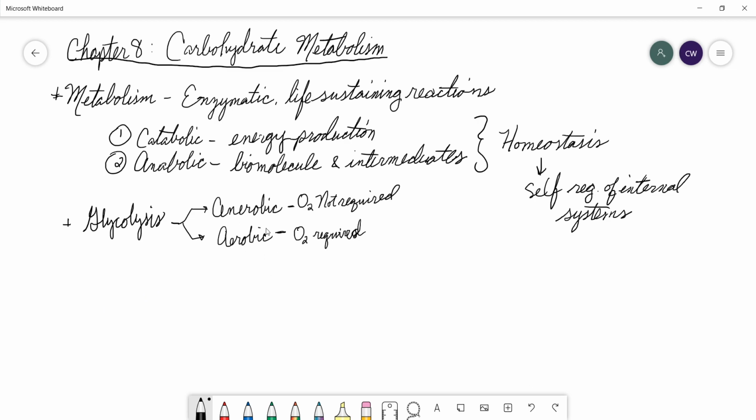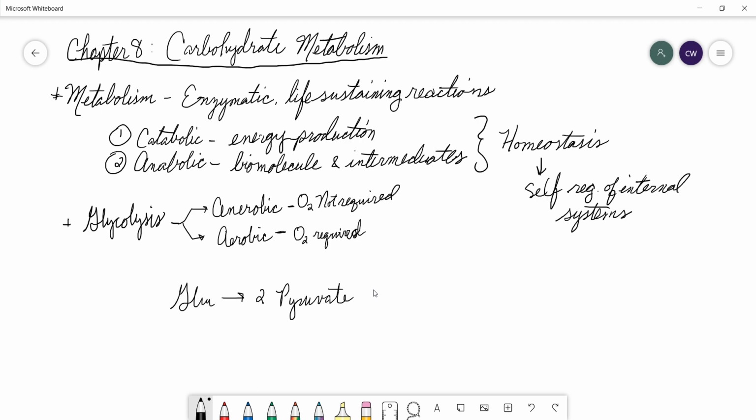Both of these pathways start by splitting glucose. We have glucose, and it will be split into 2 moles of pyruvate. From there, the treatment of the pyruvate molecules differs based on the organism, based on whether it's aerobic or anaerobic, and so forth.